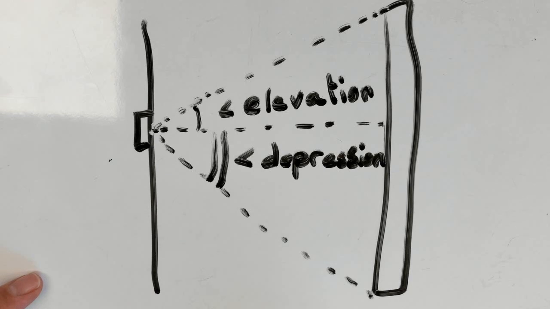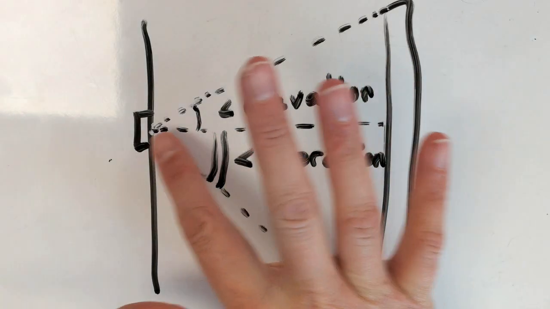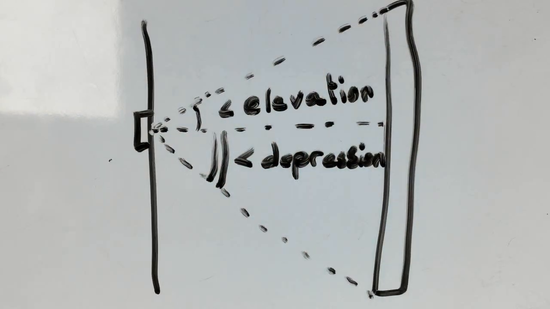If you draw a straight line, going up from it is the elevation and going down from it is the depression. So angle of elevation, then the straight line, and then down from there would be angle of depression. That's what they're talking about there.